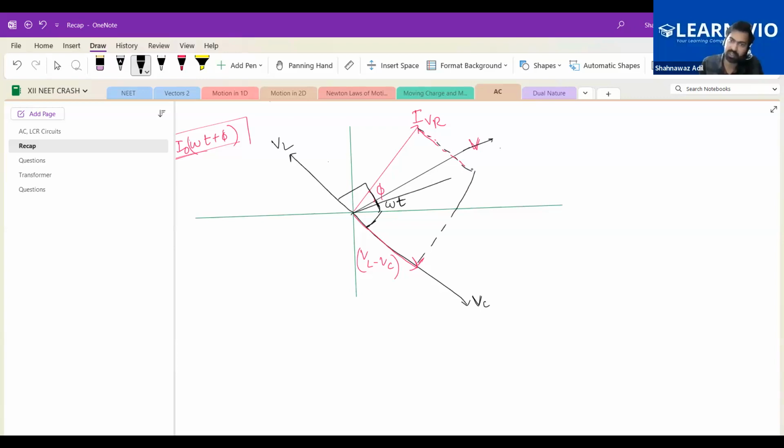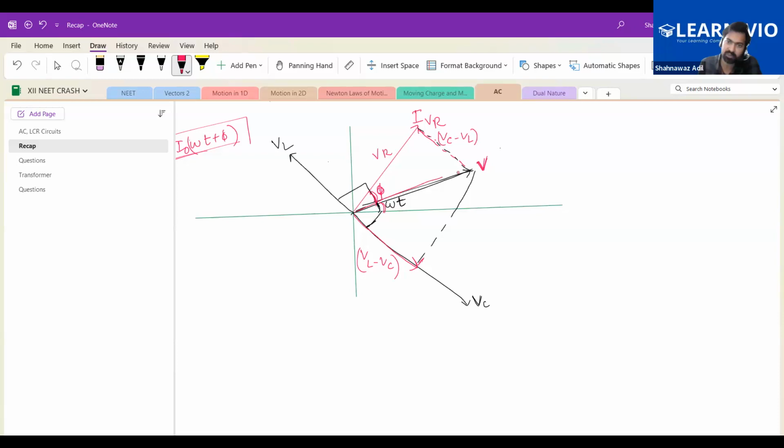This is the resultant, and this angle is phi, so this is omega t plus phi. We know that this is VC minus VL, and this is VR.